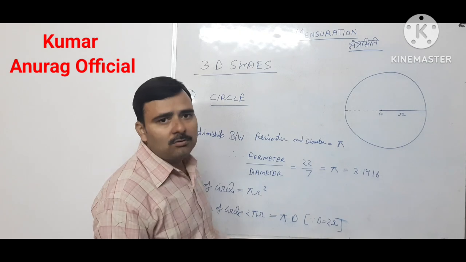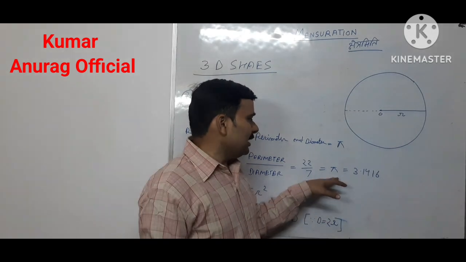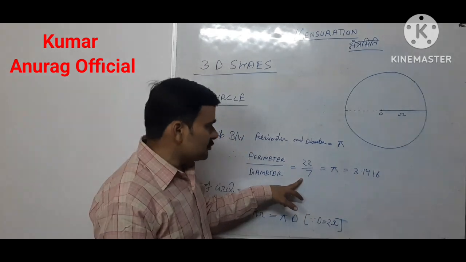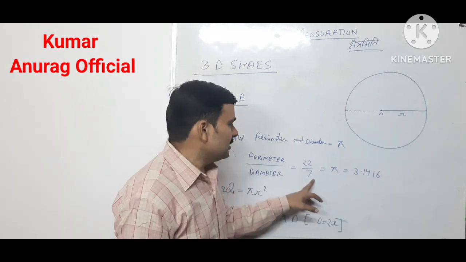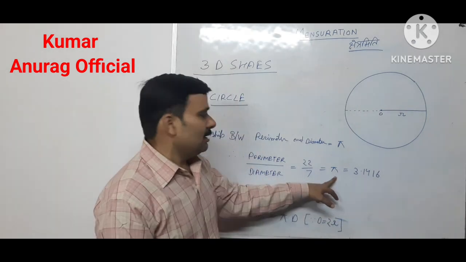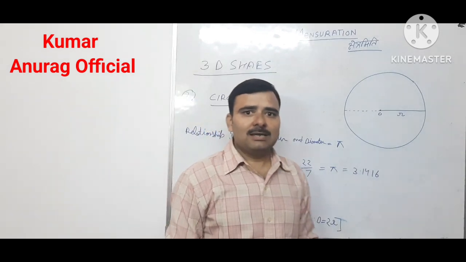A very renowned mathematician, Aryabhatta, calculated this value and named it pi, equal to 3.1416. When we solve 22/7 to four decimal places, we get 3.1416, and this number is known as pi.